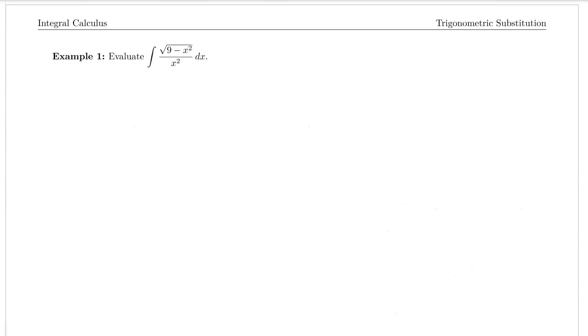So our first example wants us to evaluate the indefinite integral of the square root of 9 minus x squared over x squared dx. And right now I want to take a look at the part that has the square root in it. And if I go back to my table, the square root of 9 minus x squared is of the form a squared minus x squared. And so pause the video if you need to, go back and look at the table that we saw on the previous page.